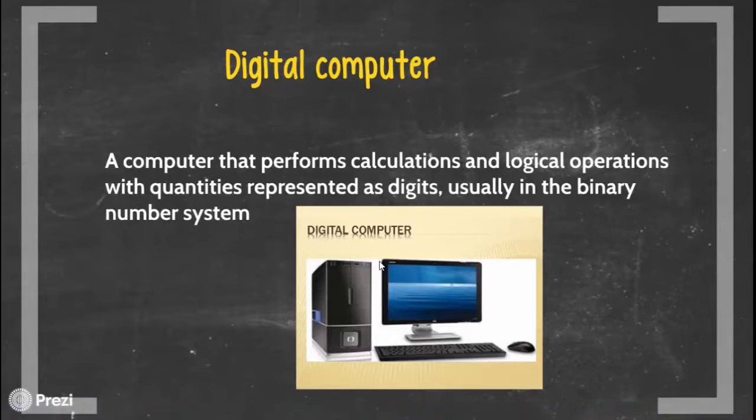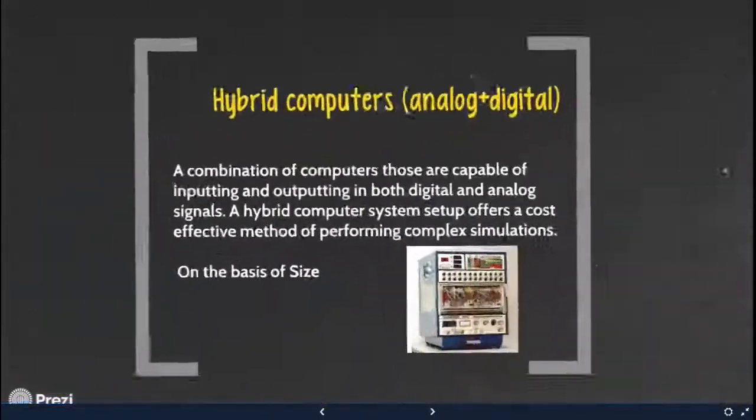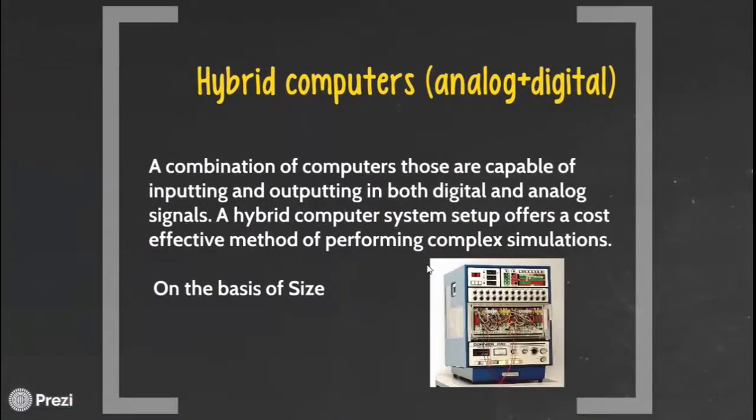A combination of all these ones and zeros would represent data inside the digital computer. Okay, so how about hybrid? Hybrid is a combination of the analog and the digital, and those are capable of inputting and outputting in both digital and analog signals.